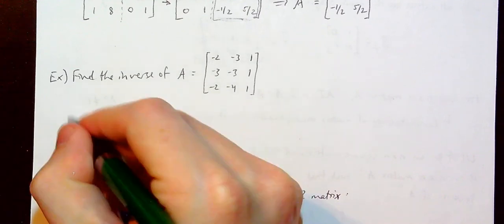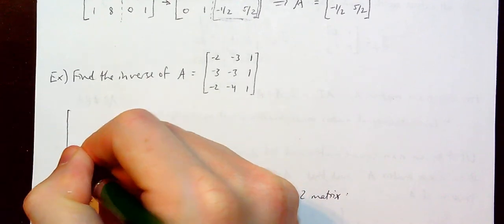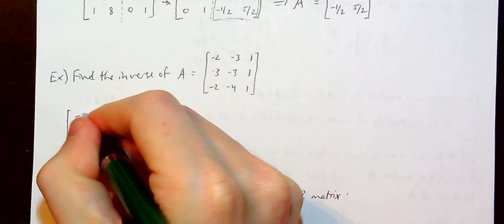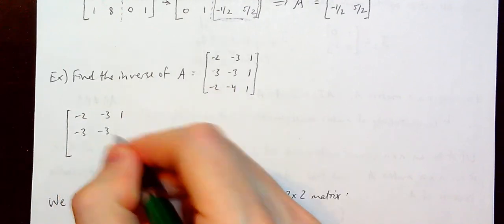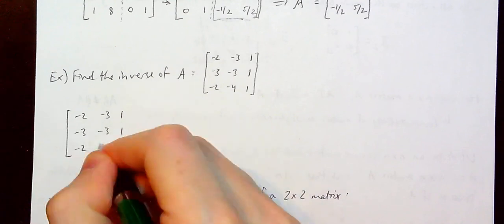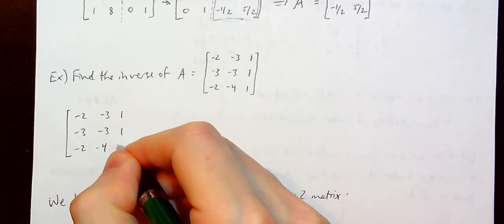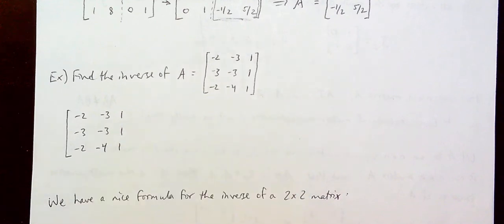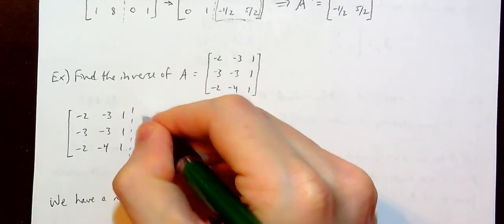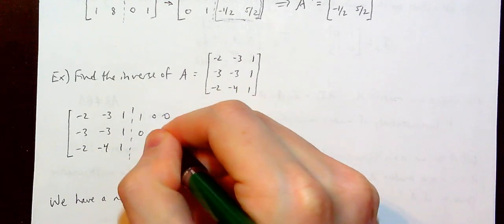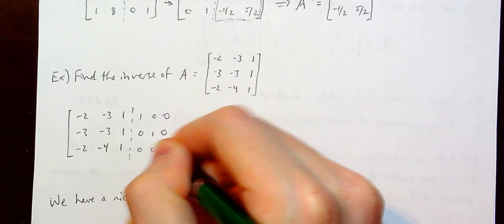So here, the inverse of the 3 by 3. Again, I'm going to copy down my given matrix: -2, -3, 1, -3, -3, 1, and -2, -4, 1. And then next to this, I'm going to put the 3 by 3 identity matrix.